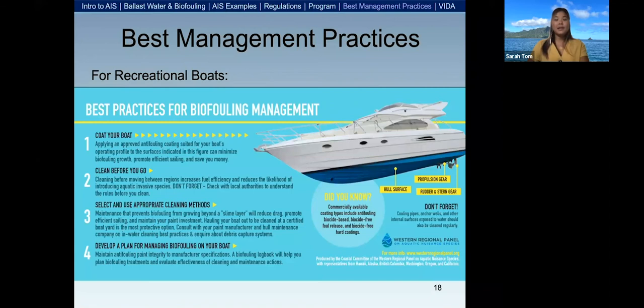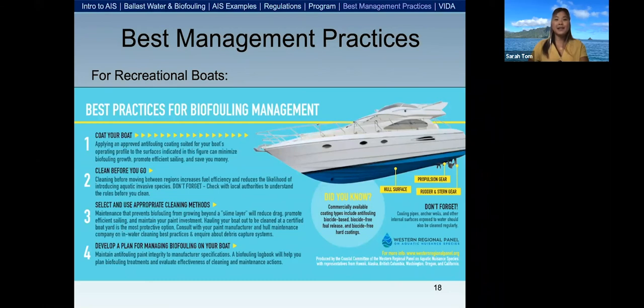So this is a handout we developed with the Western Regional Panel for Recreational Boats. Some practices that can be done to reduce hull fouling are applying anti-fouling coating on the surface of your hulls. You could also clean your hull frequently and before departing to a new location, because this can reduce the spread of aquatic invasive species and increase your fuel efficiency because you won't have organisms on your hull to create drag.